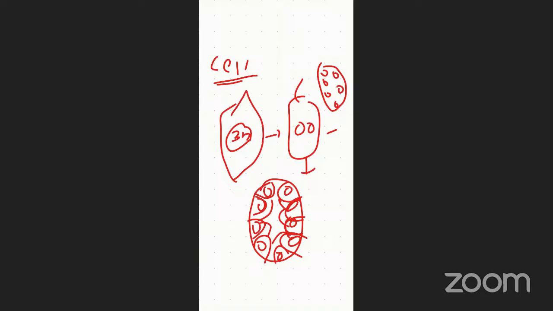After breaking it open, the cellular endosperm is what we eat, copra. That is the cellular type. The water, only liquid, that is the nuclear type.